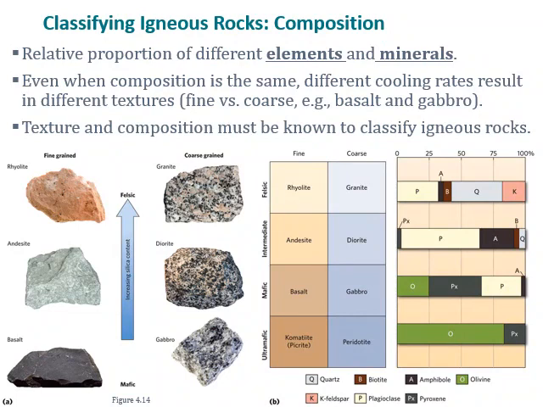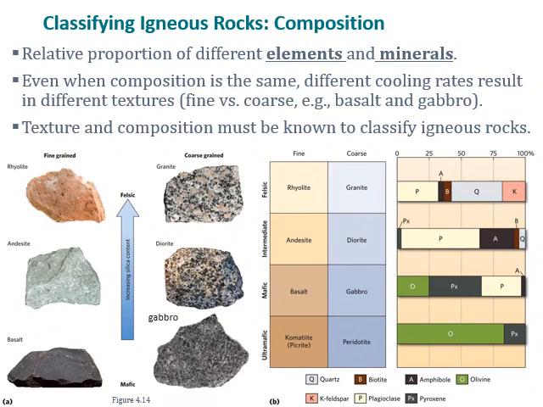So many of us are familiar with granites. Those are coarse grained, meaning they cooled slowly underground. But the complement to the granites that is fine grained and cooled above the surface as a lava flow or a pyroclastic flow is known as a rhyolite.